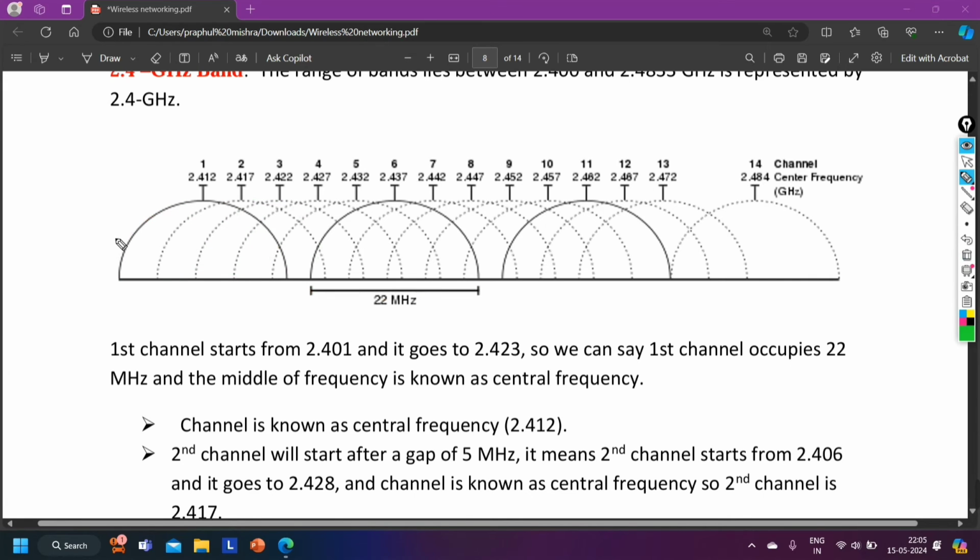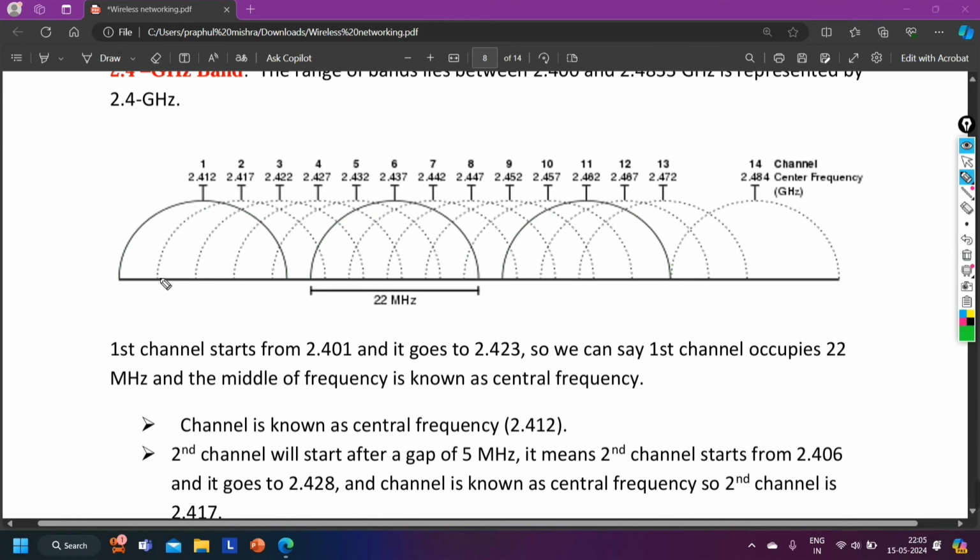So you can see over here, one, this one, this one. These are non-overlapping channels. These are the only non-overlapping channels.